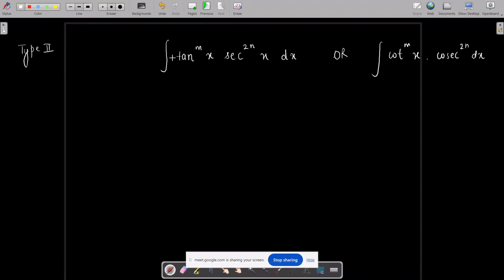So basically what we will do in these types of problems is substitute tangent. We will always substitute tangent as u or t, and we will always separate out two factors of secant from the integral.